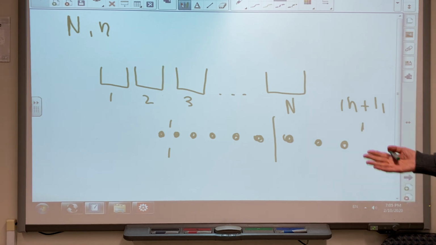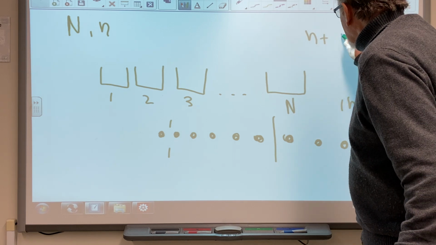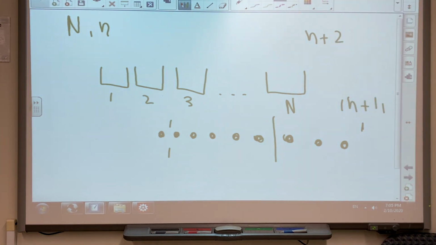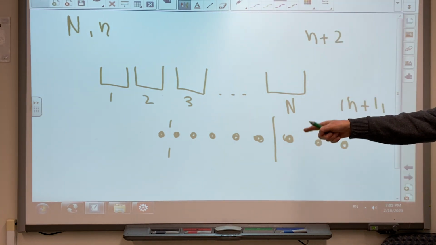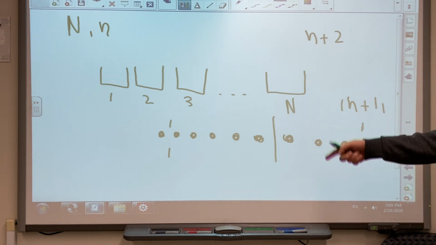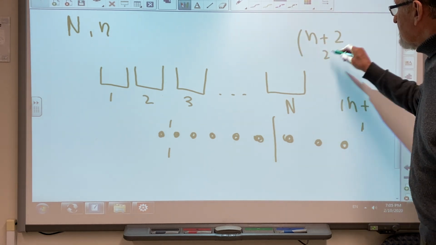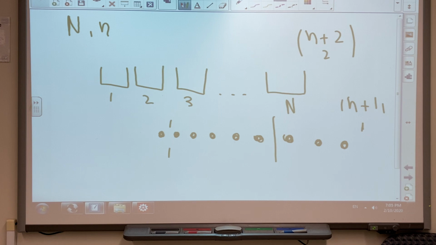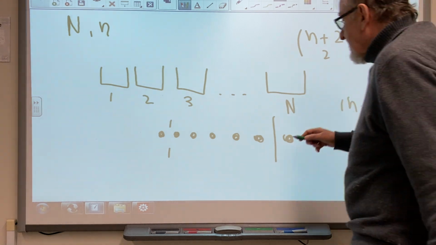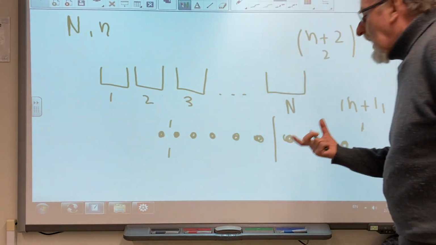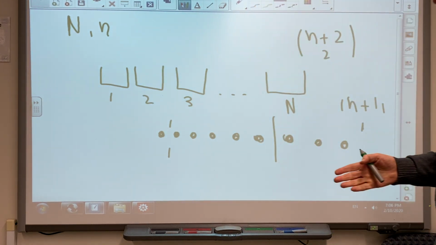So these are all the ways of choosing little n plus 2 and choosing among those where I put my 2 lines. So this is the combinatorial. And in general, if I have capital N boxes, what would I have?